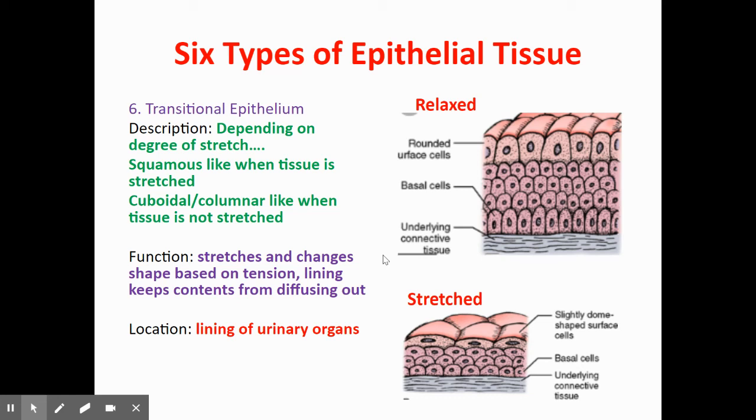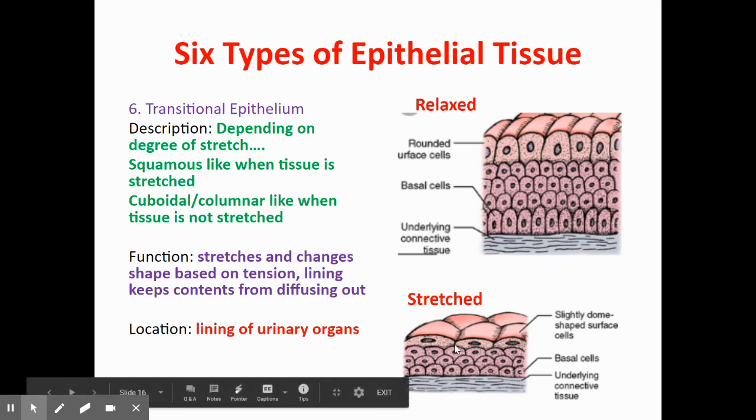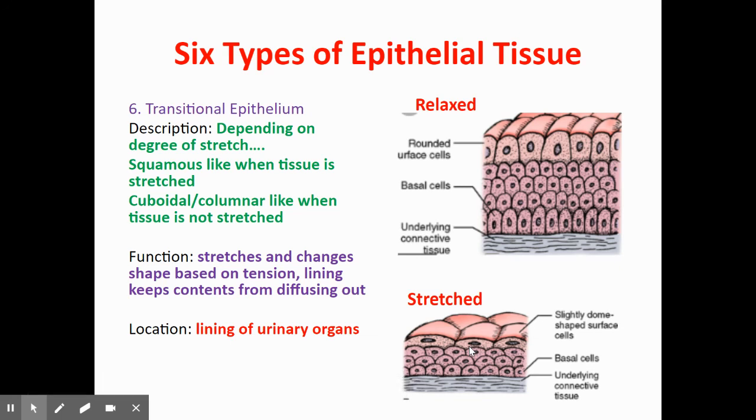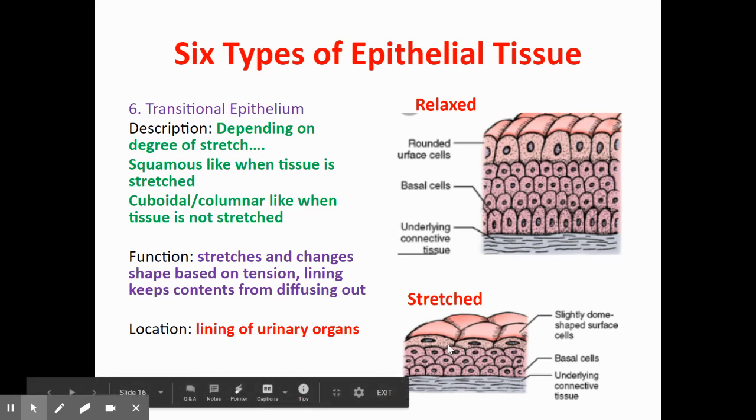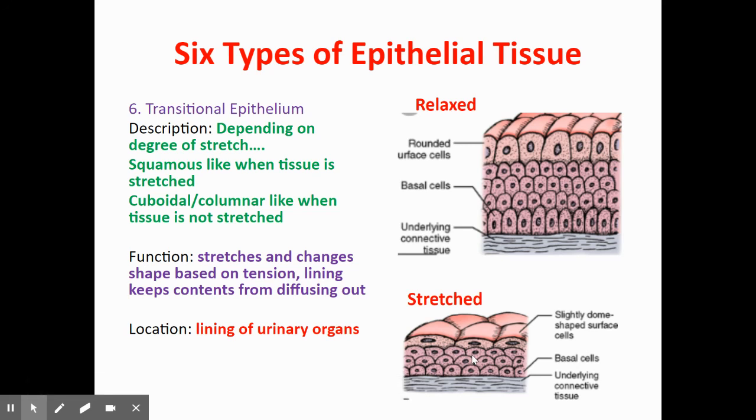So when your bladder is full of urine, that urine is pressing up against the side of the bladder. And so the tissue that makes up the lining of the bladder is basically going to get stretched because you've got that urine pushing up against it. And so the cells are definitely going to look more squamous. Now, after you go to the bathroom, the urine is going to leave the bladder.